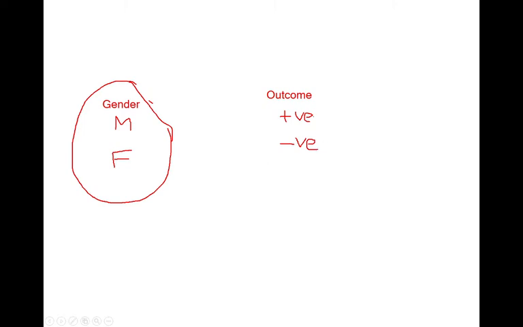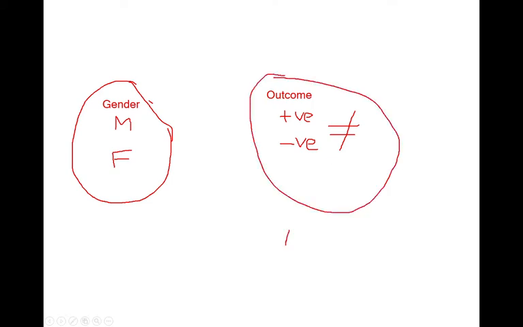But here positive and negative cannot be treated equally, because the positive has very serious consequences and the negative has different consequences. So these types of binary variables are asymmetric binary variables.